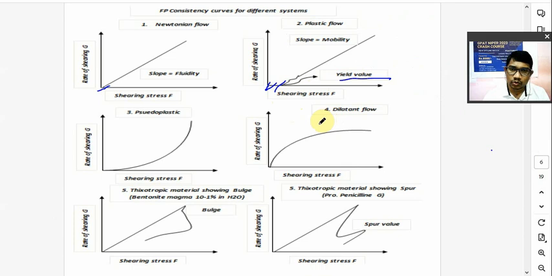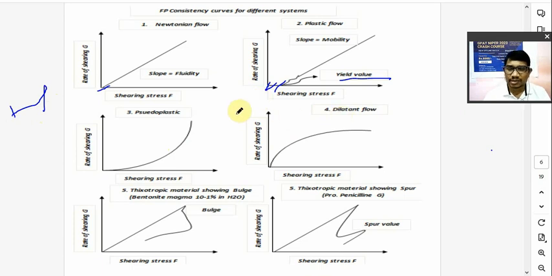Once you cross the yield value, or the certain amount of shearing force required, then only will the material start to flow. What does plastic mean? When will plastic break? If you apply a little stress or force, it will not break quickly. But if you apply enough force to break its intermolecular forces, then it will break. So it will break.